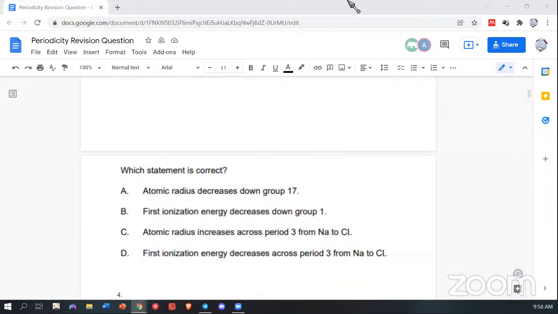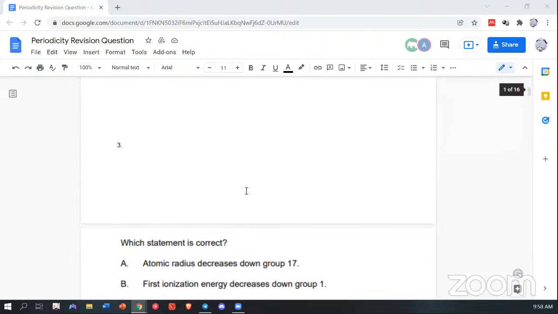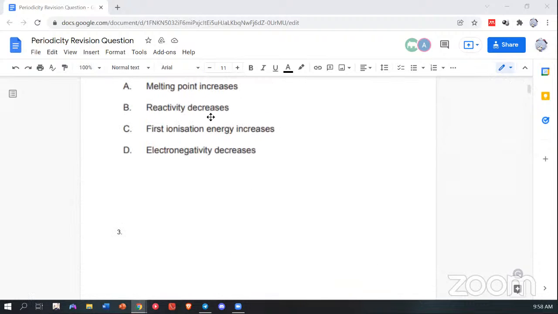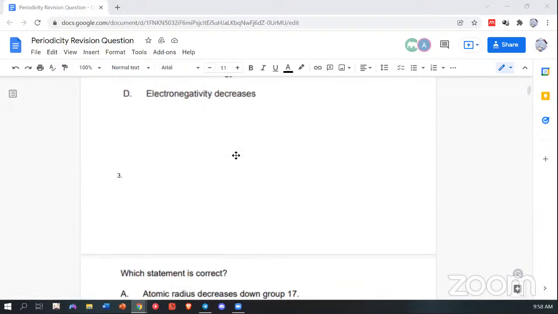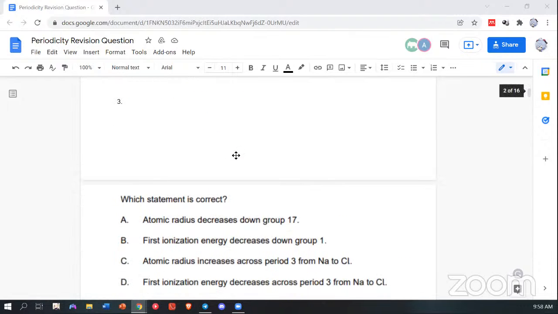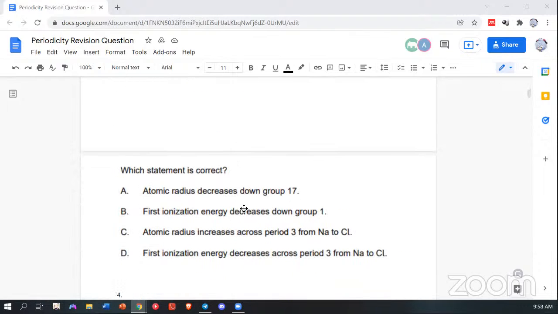So kalau kita baca pun kita dah tahu A confirm salah sebab dia akan makin banyak lah kan period dia kan. So first ionization energy decreases down group 1. So kita tengok balik soalan 2 tadi. Sekejap, kenapa tak di-scroll? Sekejap tengok soalan 2. First ionization. Okay, kat sini increase tapi salah. So kat sini decrease. Okay, kita tak boleh buat macam tu.